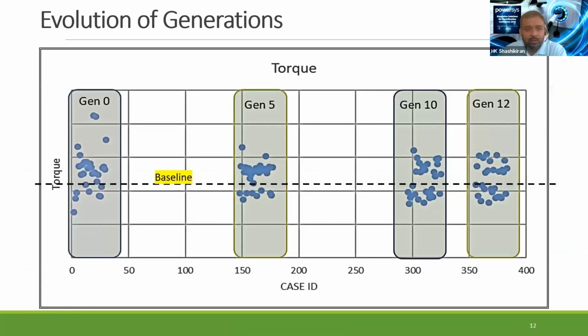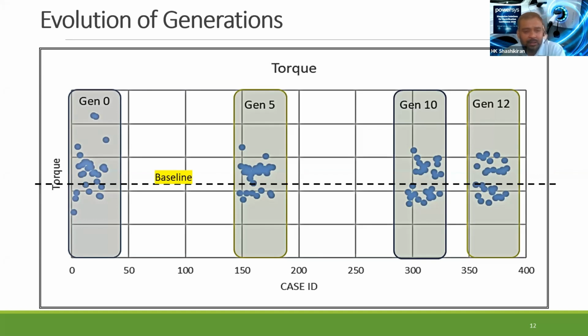But if you go a little further, here I am focusing on the torque, and you can see how, from every generation, the multi-objective optimization has converged to more optimum results. If you look at generation zero, the data points are scattered all over.